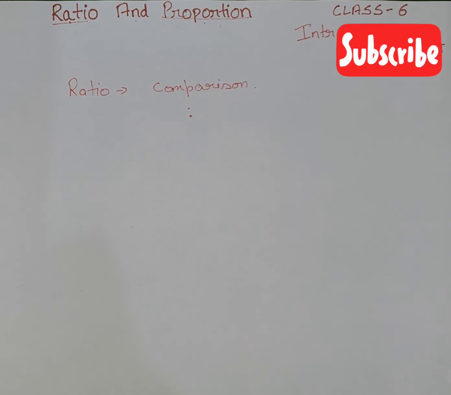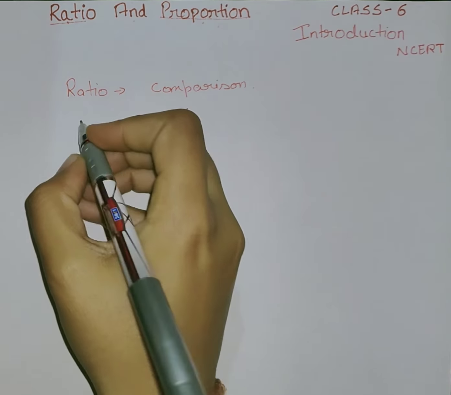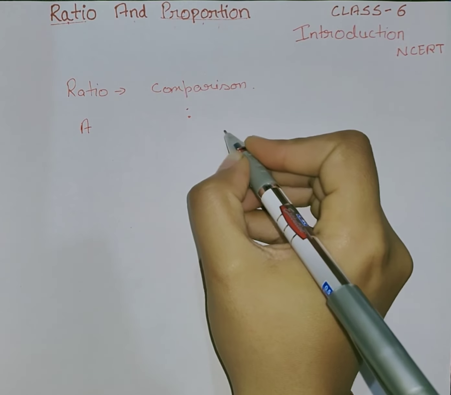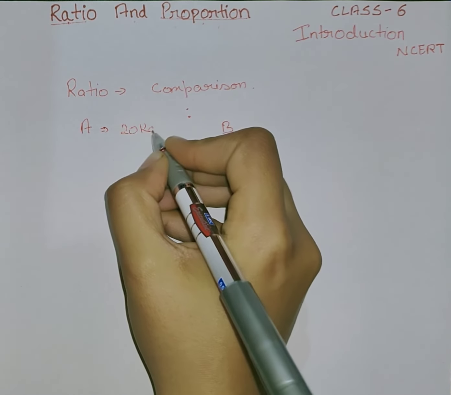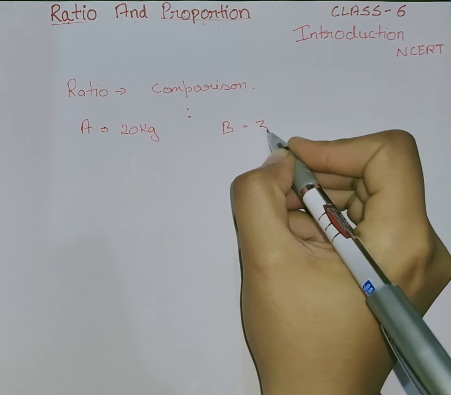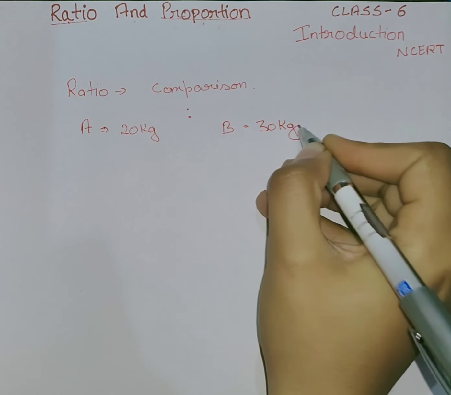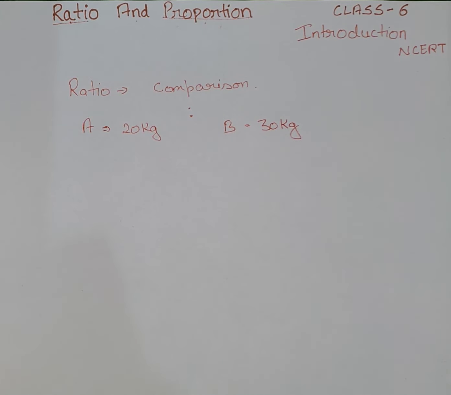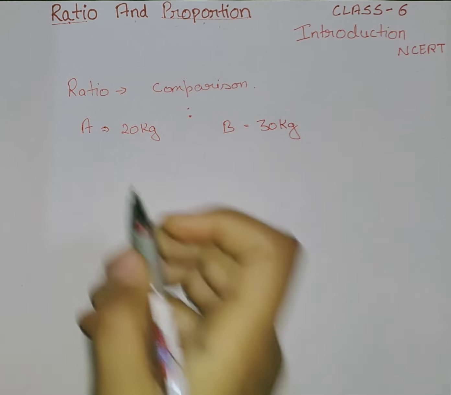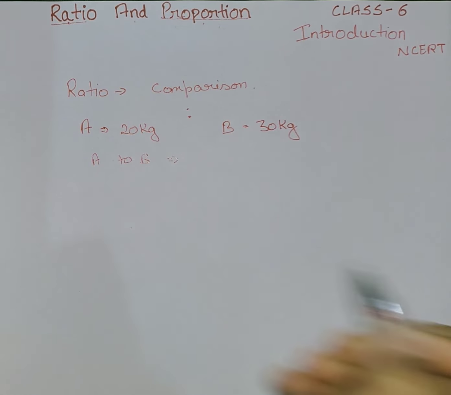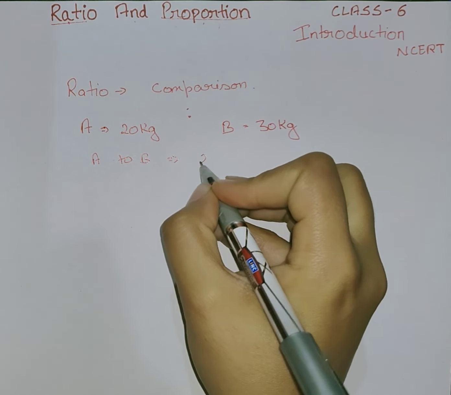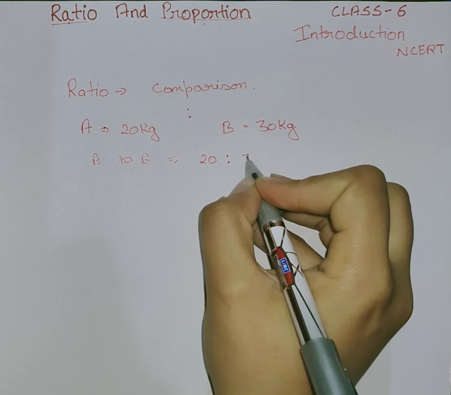Now suppose you are having a question. There are two students A and B, and their weight is: A weighs 20 kg and B weighs 30 kg. Now you are asked to find out the ratio of A to B. So the ratio of A and B will be 20 ratio 30.